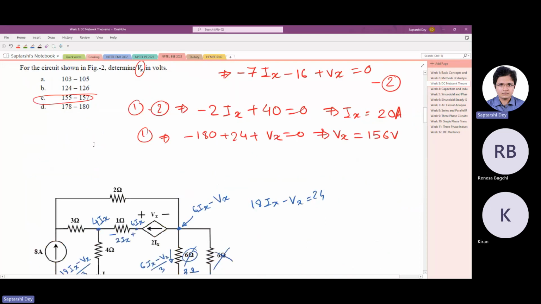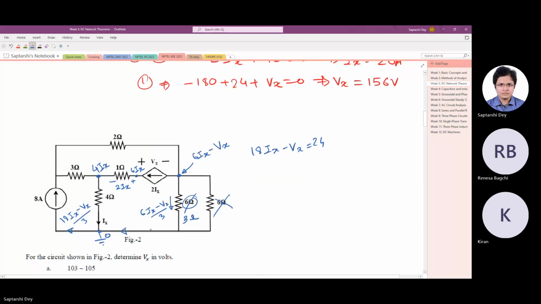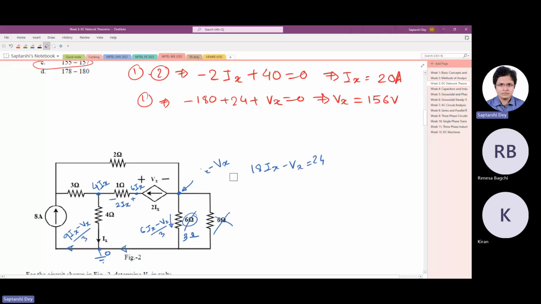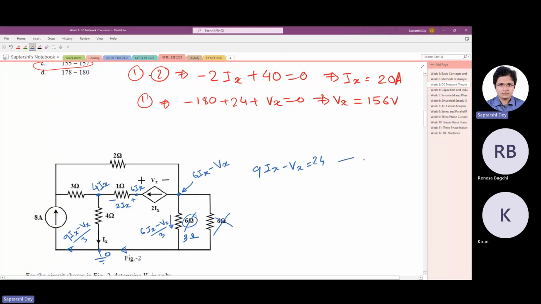Then it should be, oh no, this is not 18Ix, this is 9Ix. This plus Ix is 9Ix. 9Ix minus Vx equals 24. Is it matching? Yes, this is one equation we are getting.